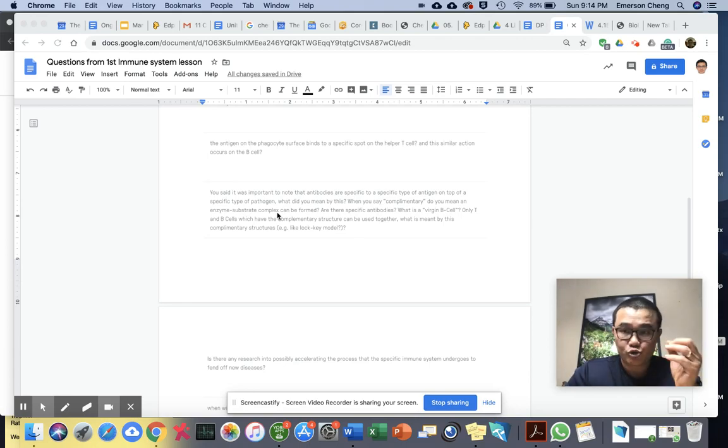Structurally, one has a particular shape and the other one has a compatible or complementary shape which binds to it. Are there specific antibodies? Yeah, I think that's what I was talking about just now.